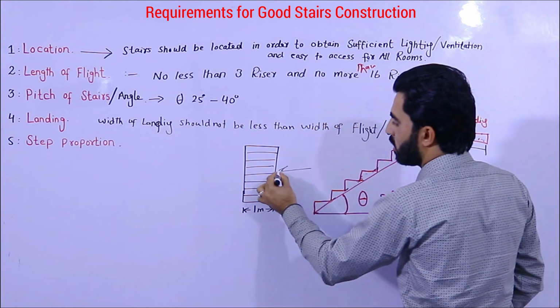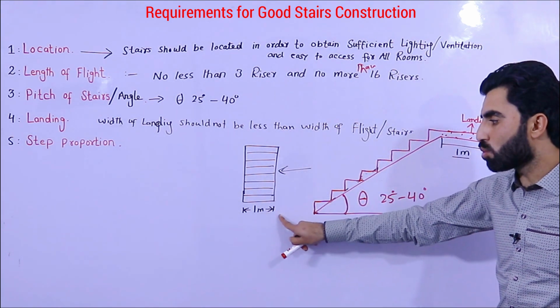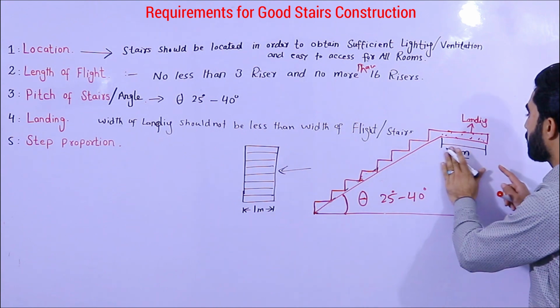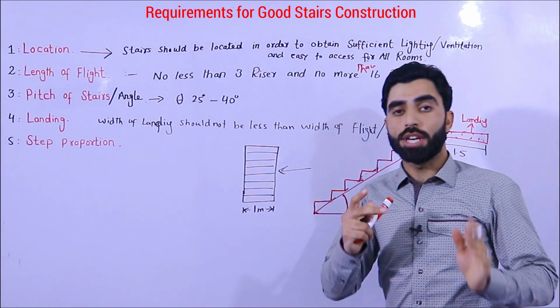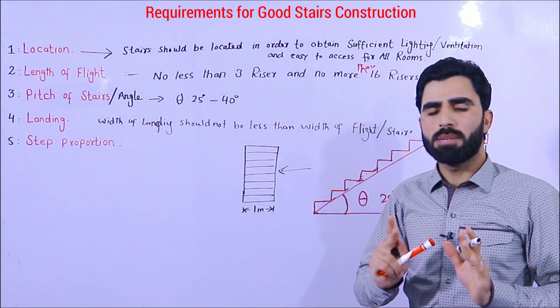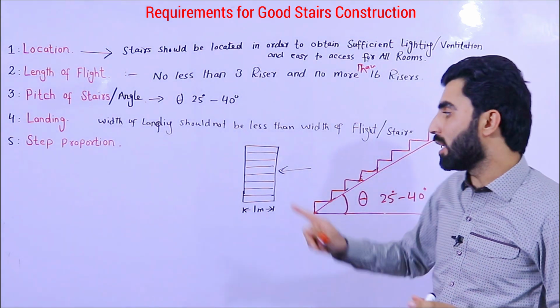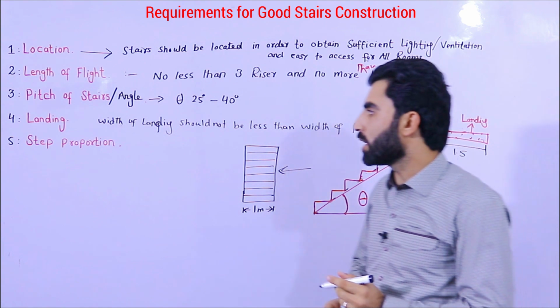For example, if this is 1.5 meters, it should not be less than 1.5 meters. So the landing width should be equal. Maximum is no problem, but it should not be less than the width of the flight. This is the other point.